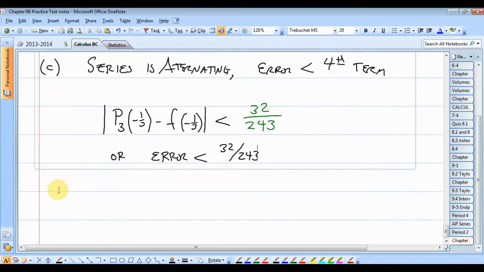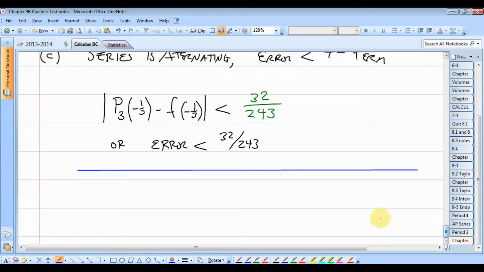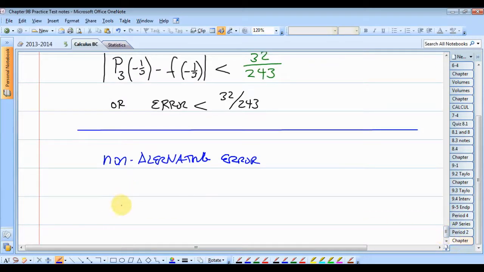Let me just put this on the side here for you. Non-alternating error. So P, let's just call it the nth order, evaluated at x1, minus f of x1.